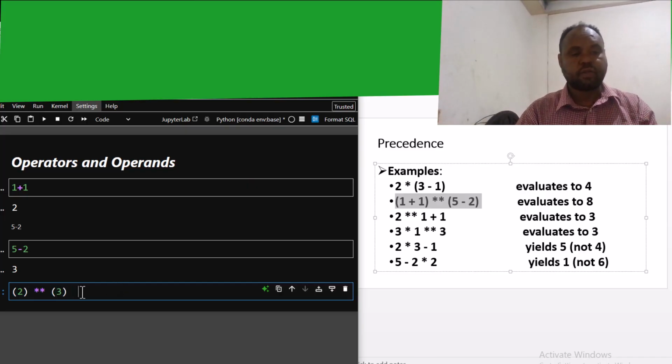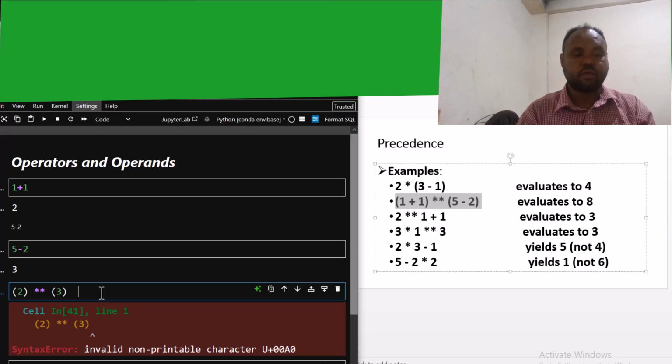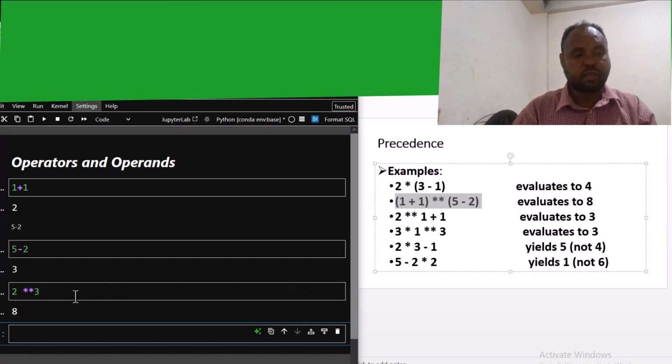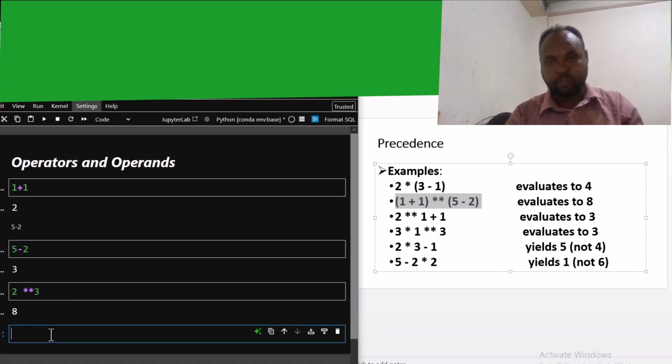Then 2 exponentiated to 3 is 8, right? The same is true for this one.